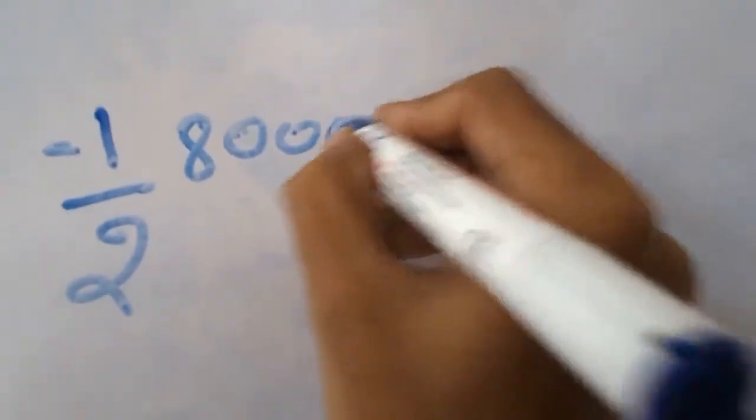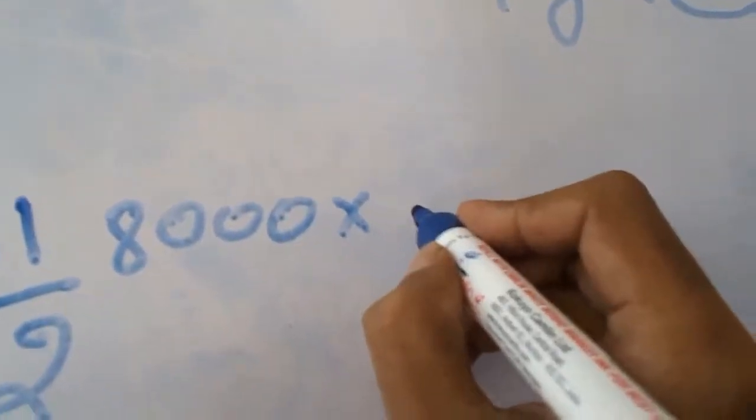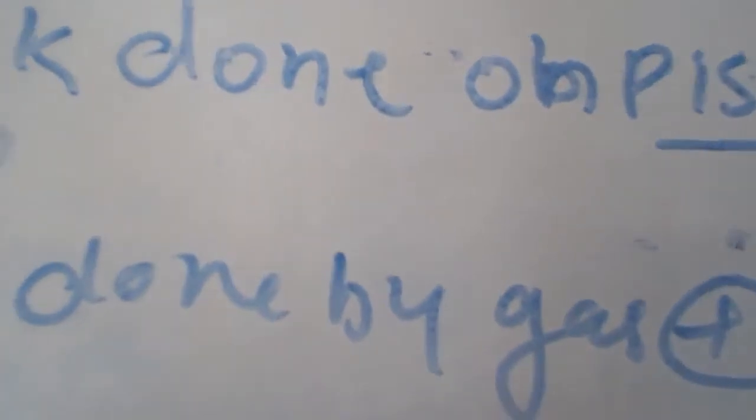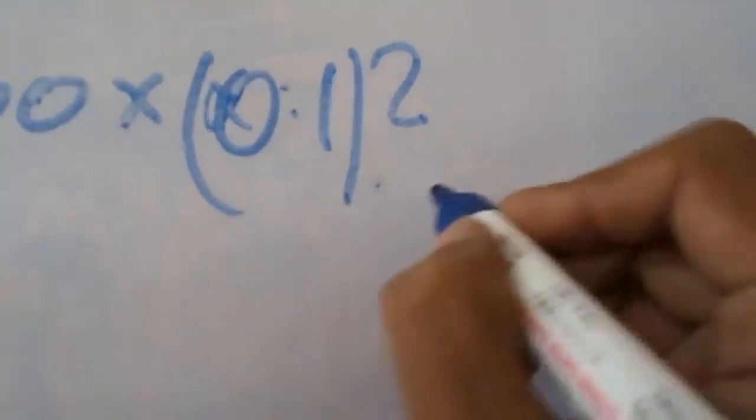Okay guys, so what is the work done by spring? Work done by spring is minus half into 8000 into x squared, where displacement x is 0.1 meter, so 0.1 square. Plus minus, here minus, we are going to add the work done by atmosphere.